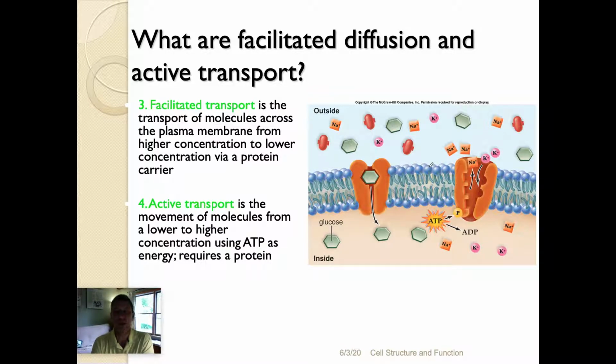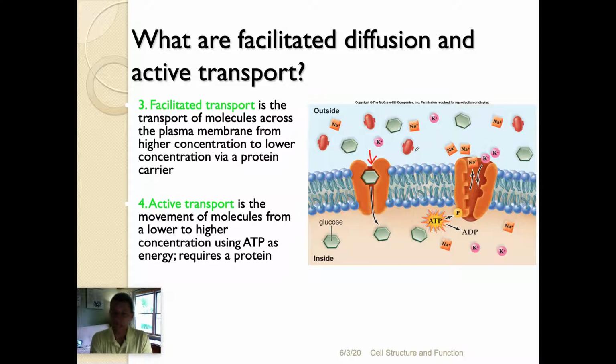And this is the transport of molecules across the plasma membrane, again, from higher concentration to a lower concentration, but using a protein carrier, all right? This is shown here. This is a transport protein that's bringing a glucose molecule from the outside of the cell to the inside of the cell. And essentially, it's just kind of like a passageway, a tunnel, if you will, a gate that doesn't require any energy to be expended by the cell itself.